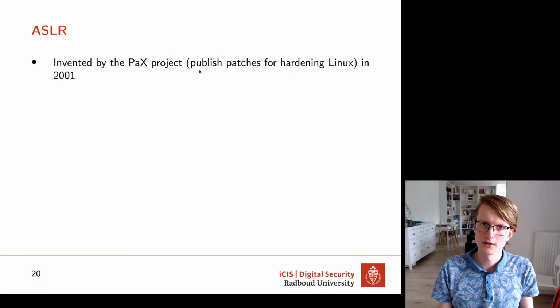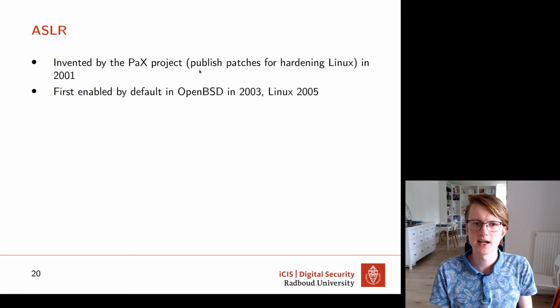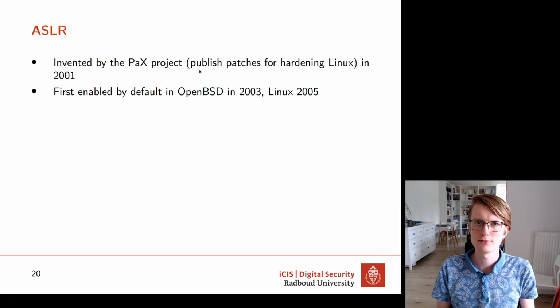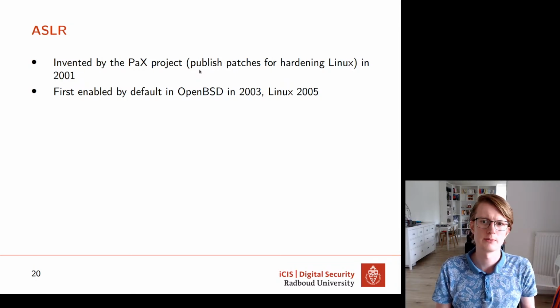They also wrote a white paper sort of explaining the idea, and then it was first enabled by default in OpenBSD in 2003. Linux followed a little bit later, in 2005, when they merged it into mainline and turned it on by default.